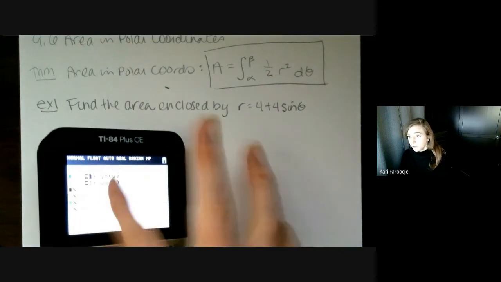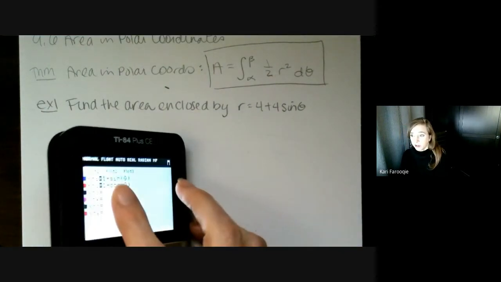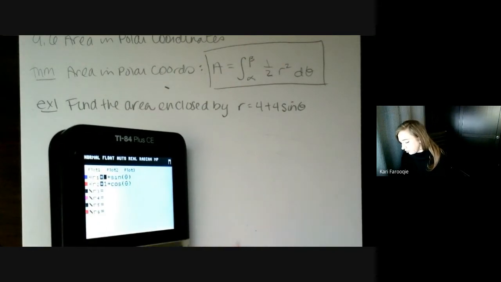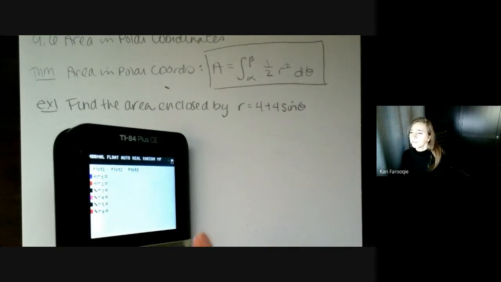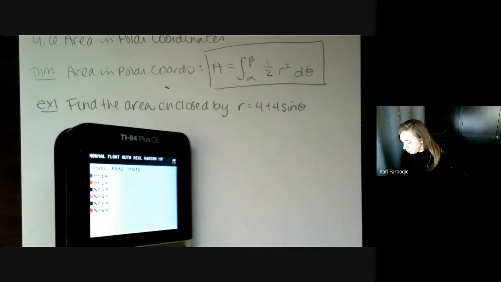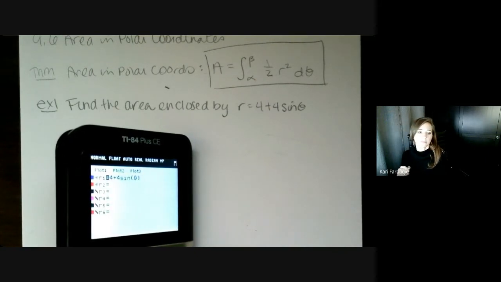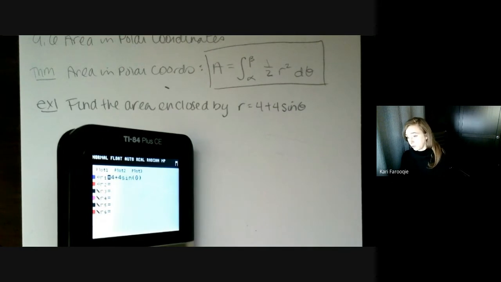This is just another one of the same form that we already had in here. Okay, 4 plus 4 sine theta. Make sure you're going from 0 to 2 pi.